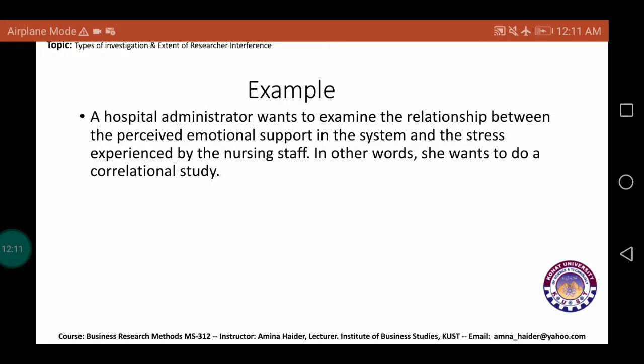We are calling it a correlational study because we want to see if the perceived emotional support and the stress, which is another variable, are both of these variables associated, are they related with each other or not. So that's why we are calling it a correlational study.